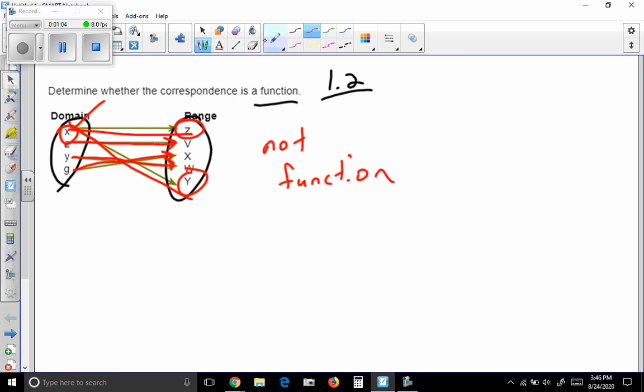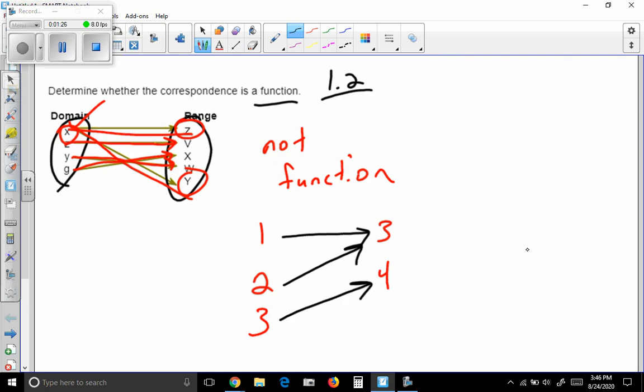On the other hand, pieces on the right can be used multiple times or once. It doesn't matter as long as each piece on the left is only related to one item. So if we have this set, and let's do this, if we have this correspondence, this is a function because this goes to one thing, this goes to one thing, this goes to one thing.